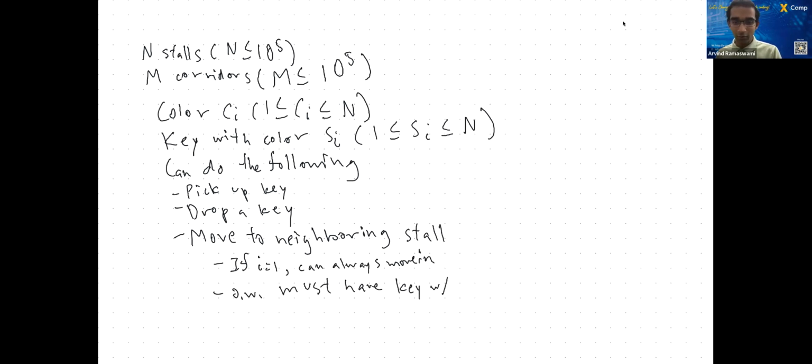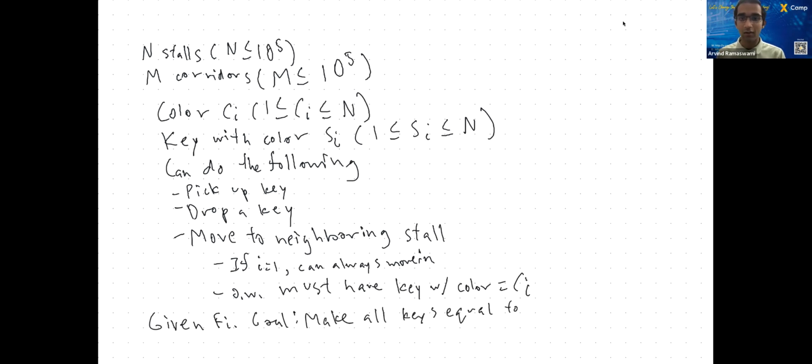So I'll go through an example, but basically, the goal is, given F_i, which is the final permutation of keys, to make all the keys equal to F_i. I'm going to change the whiteboard.